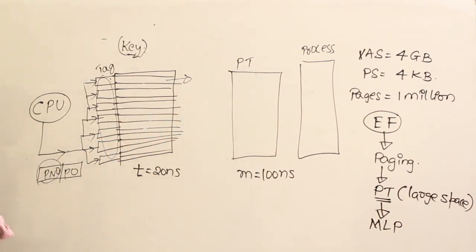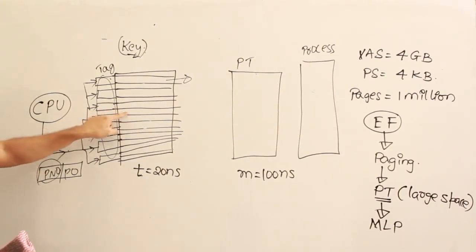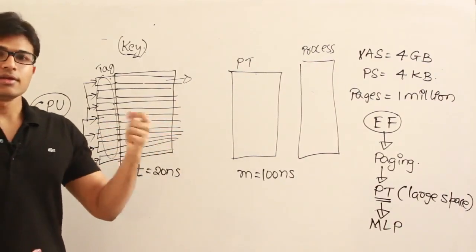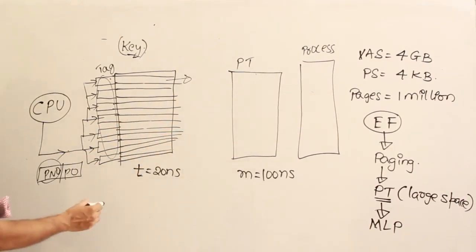Now, in case the page you are searching for is already present in the TLB, then you need not go to the page table to get it, right? You can directly get the frame number in just 20 nanoseconds.